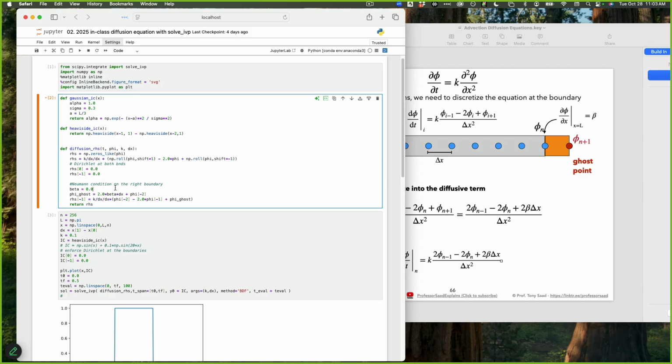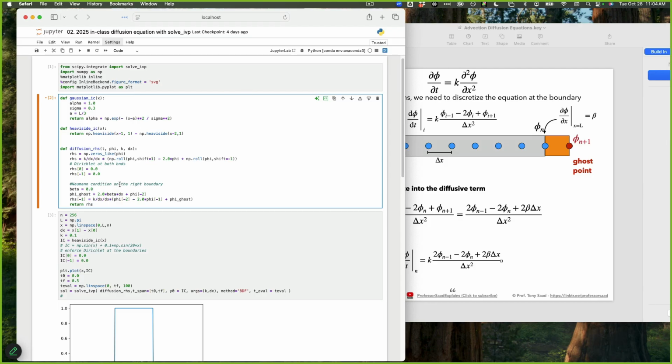When the Newman condition is negative, then it's going down because this is saying phi outside the boundary minus phi inside the boundary over the distance is negative, that means phi inside the boundary is larger than phi outside the boundary. Now the opposite is going to be true on the left boundary, right? Because the approximation for the derivative is always going in the positive x-axis. Okay, so we'll see that.